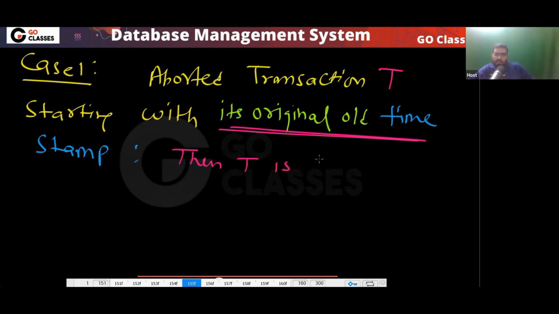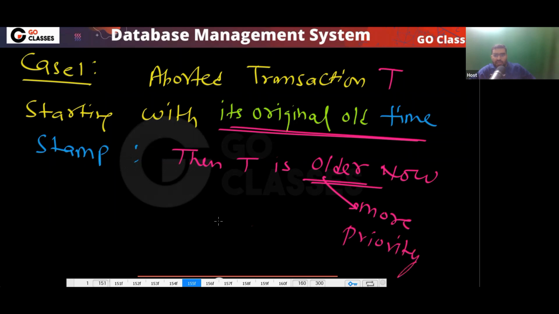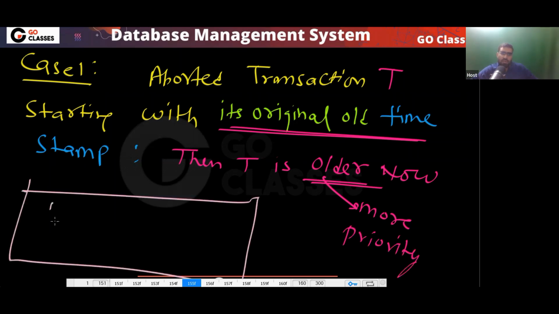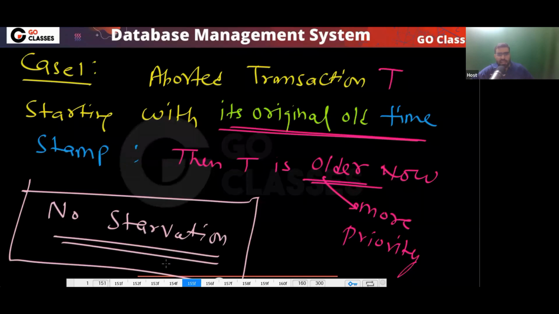This T has become older. Yes or no? So this T has more priority now. If it has more priority, then definitely I can say no starvation. So in this situation, there is no starvation. This is the complete analysis of this topic.